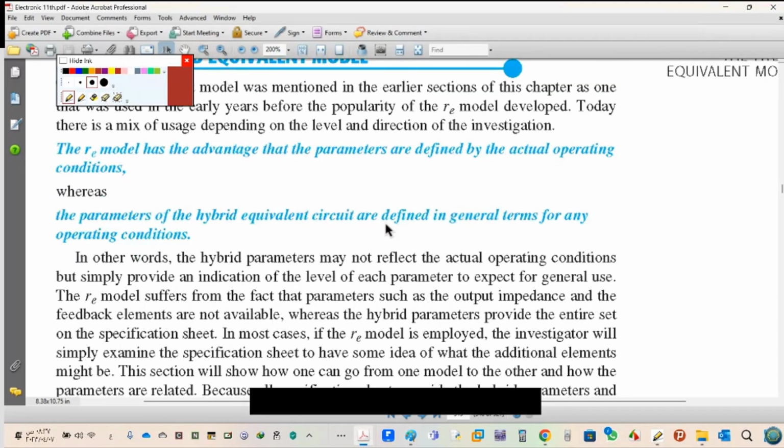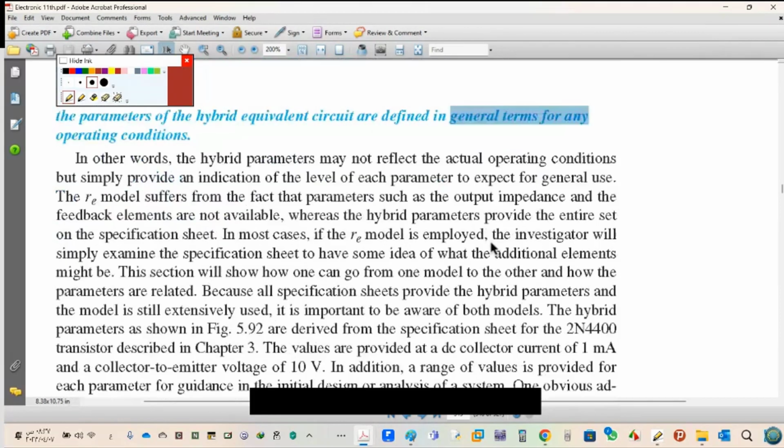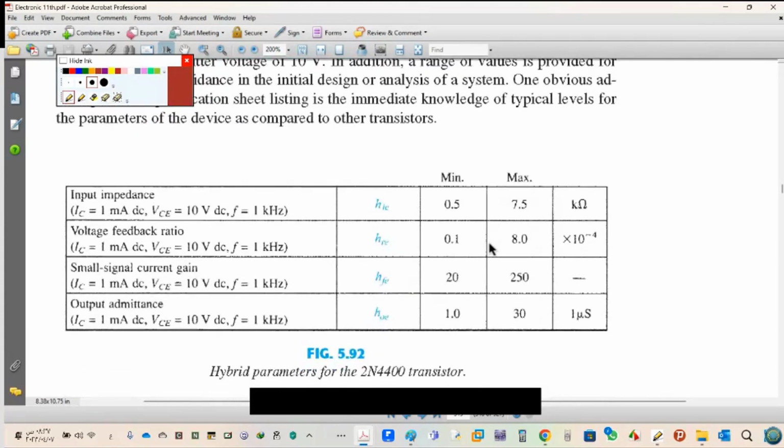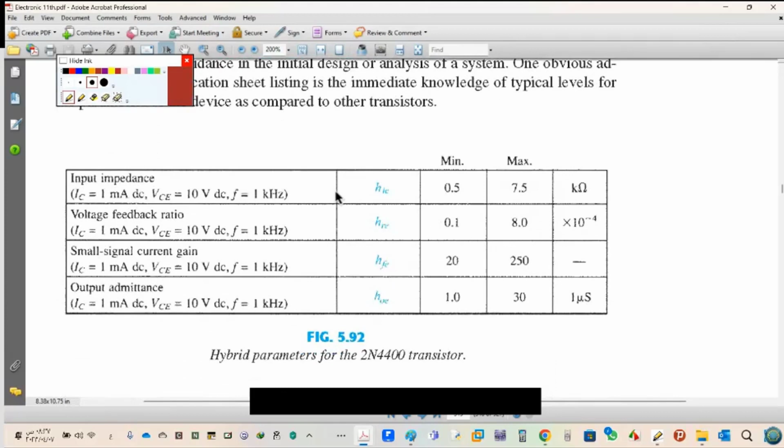The hybrid model is defined in general terms for any operating conditions, not only actual operating conditions, and for any frequency. In the hybrid model, we have these parameters: hie, hre, hfe, hoe.